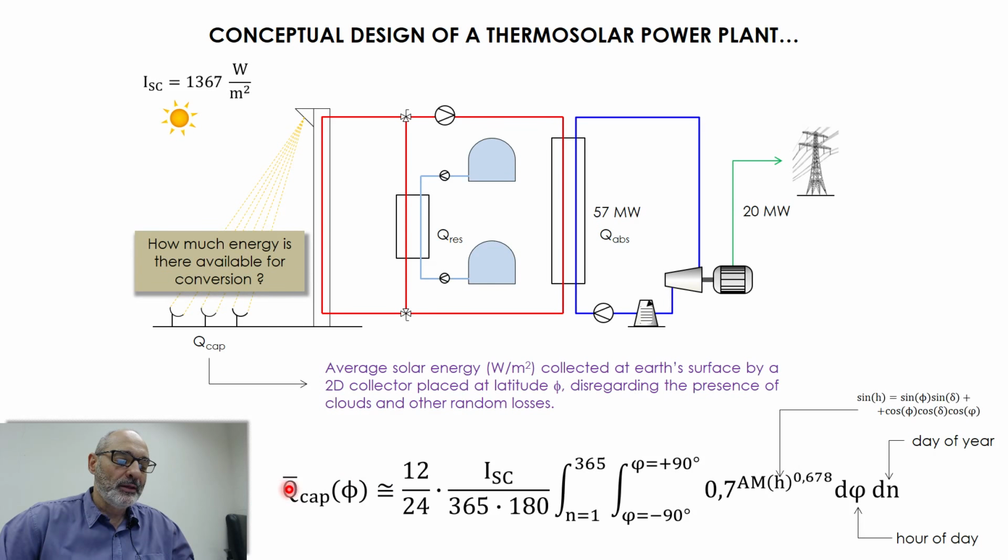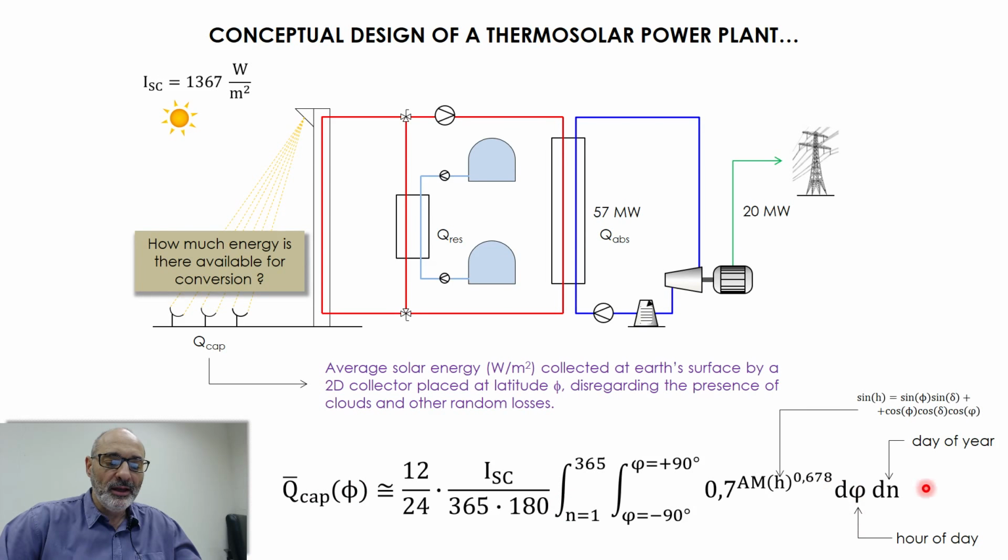Since we want to calculate an average number, which will depend only on latitude, on the place that we're going to build our power plant, and we need an average number because we simply need to calculate the amount of mirrors that I have to have.